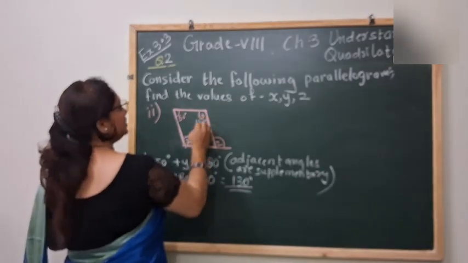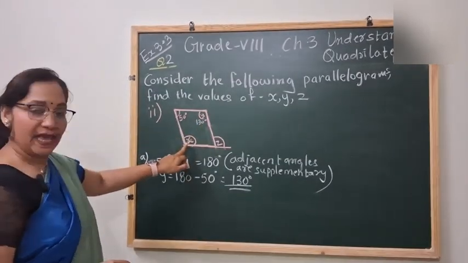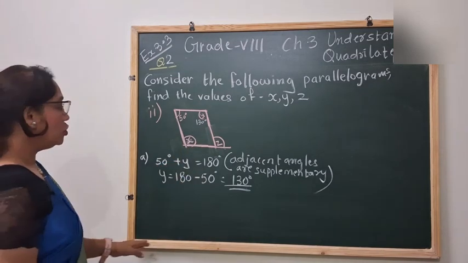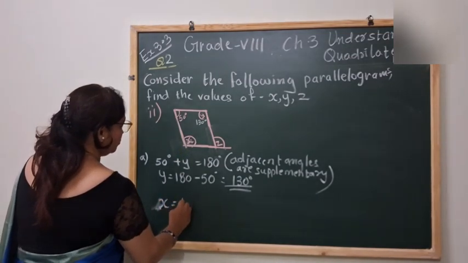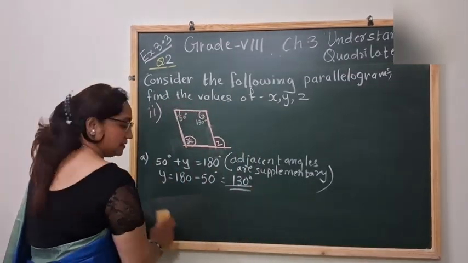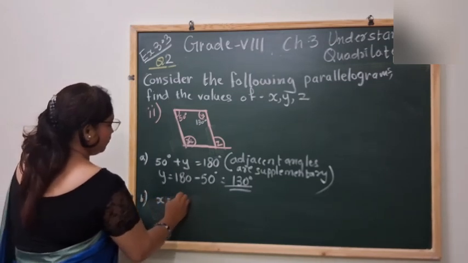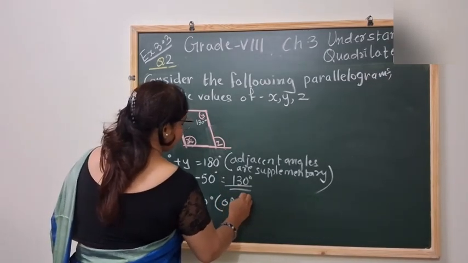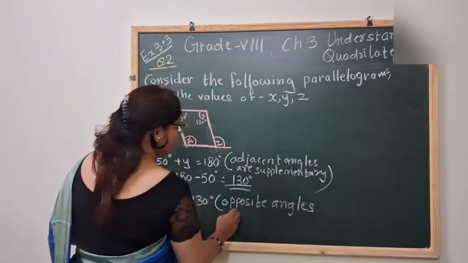We got y as 130 degrees. Right, now as simple as that, if y is 130, then will x be also 130 because they are opposite angles and opposite angles of a parallelogram are equal. So we can write that x is equal to 130 degrees, or you can write like this, x is equal to y is equal to 130 degrees, opposite angles are equal.